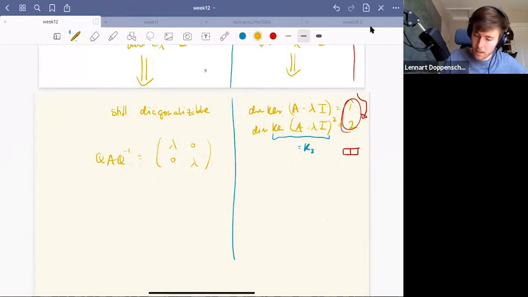Here we can see that A minus lambda I is nilpotent with only eigenvalue lambda on C squared.